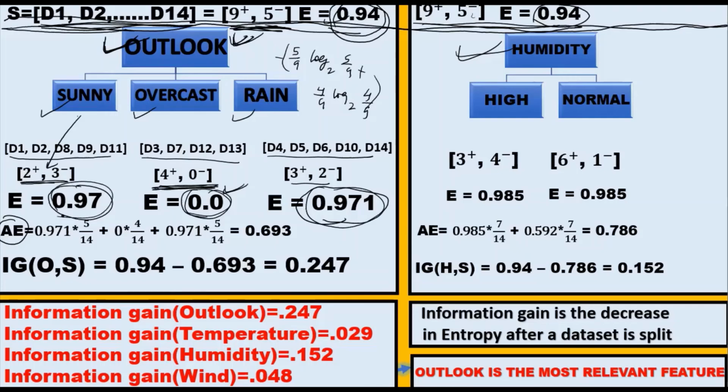Okay. So then you find the average entropy. How is it divided? This is 5 and this one is 4, 5, 4, 9, 9, 14. I think another 5. So 5 out of total 14. Here you write the weighted average: 5 over 14, 4 over 14, 5 over 14, times their entropies. So this is a weighted average kind of entropy.